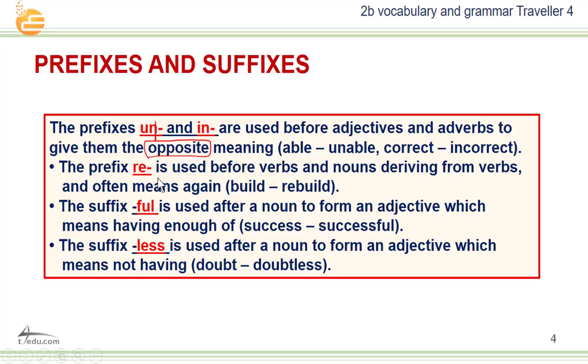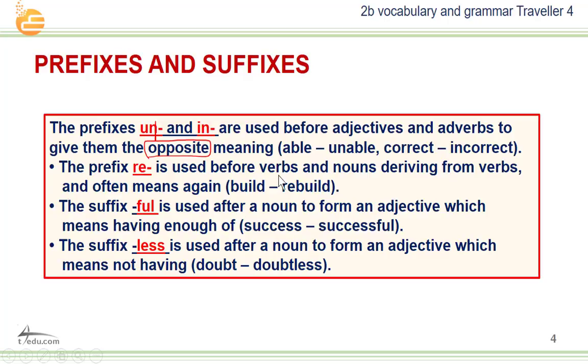The prefix re is used before verbs and nouns deriving from verbs, and often means again. Build, rebuild, like to build again. Rebuild means to build again. The suffix means it comes at the end of the word. The suffix full is used after a noun. So full after a noun.